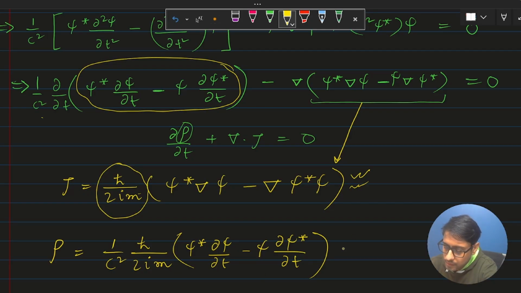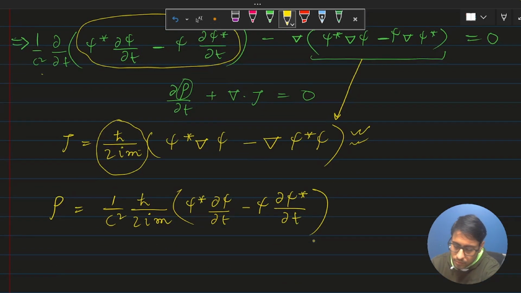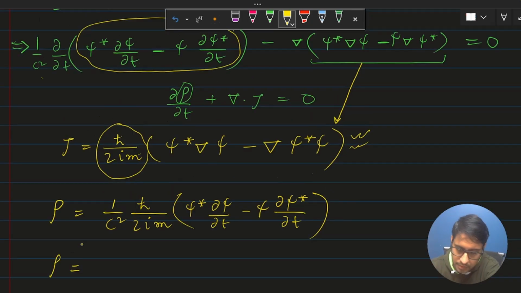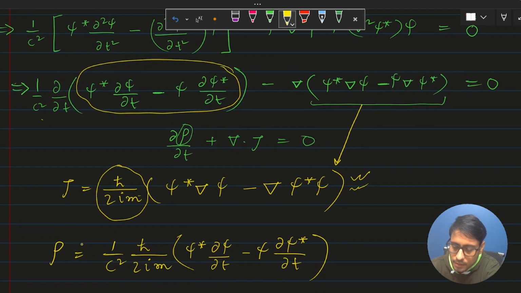So you can write the rho as, but there is a difference also. There is a negative sign here, but in the continuity equation there is a positive sign. So I should change these terms.